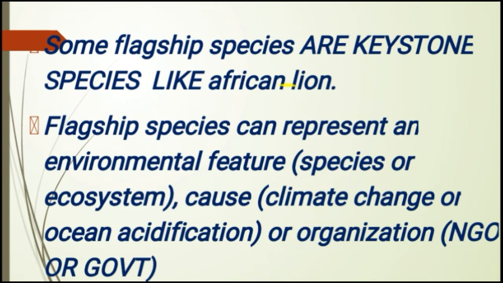These are very few in amount, but they decide the ecosystem structure. And flagship species can represent an environmental feature like a species or ecosystem, or a cause like climate change, such as sea level rise or glacier melting and ocean acidification, or some organization.